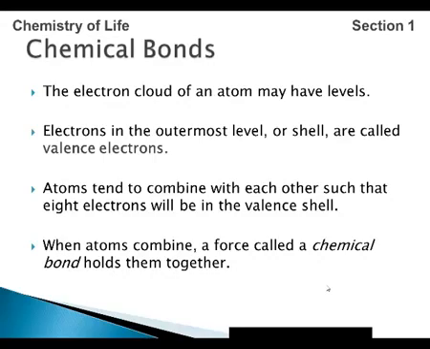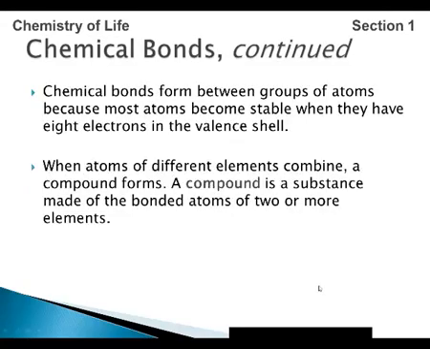In that case it causes them to be stable. When atoms combine, a force called a chemical bond holds those atoms together. Chemical bonds form between groups of atoms because most atoms become stable when they have 8 electrons in the outer shell, in that valence shell, as I previously mentioned.